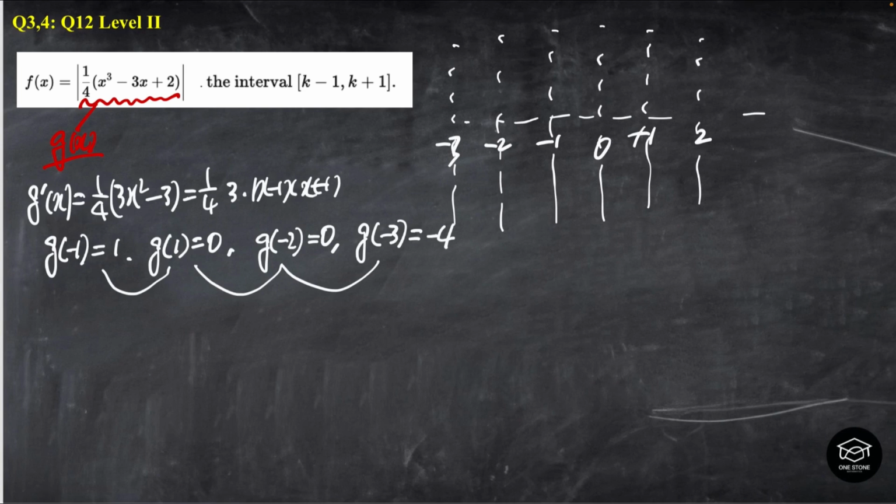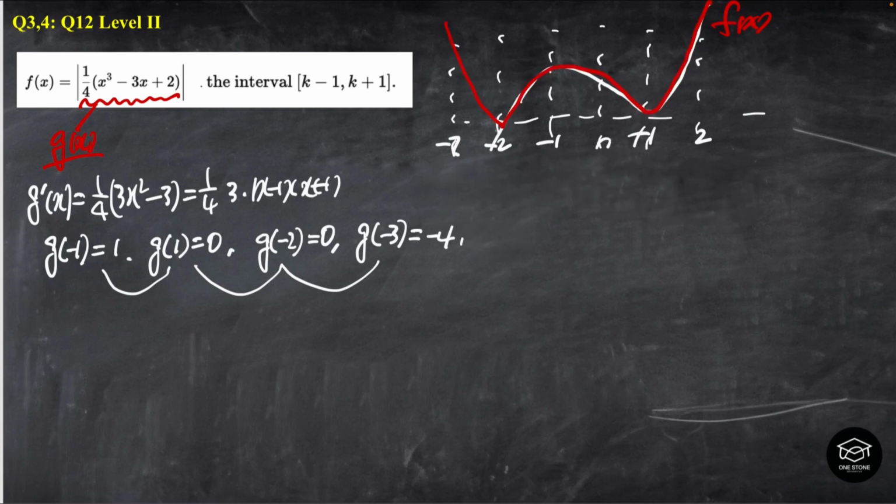Now, let's analyze how g of k behaves. Remember, g of k gives us the maximum value of f of x over the interval from k minus 1 to k plus 1. As k increases or decreases, this interval slides along the x-axis. We want to know where the maximum value inside that interval changes suddenly, that is, where g of k becomes discontinuous.